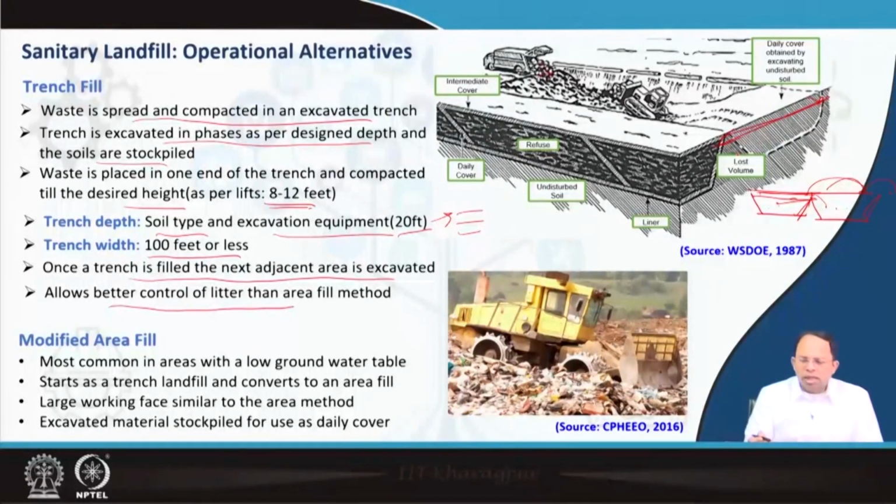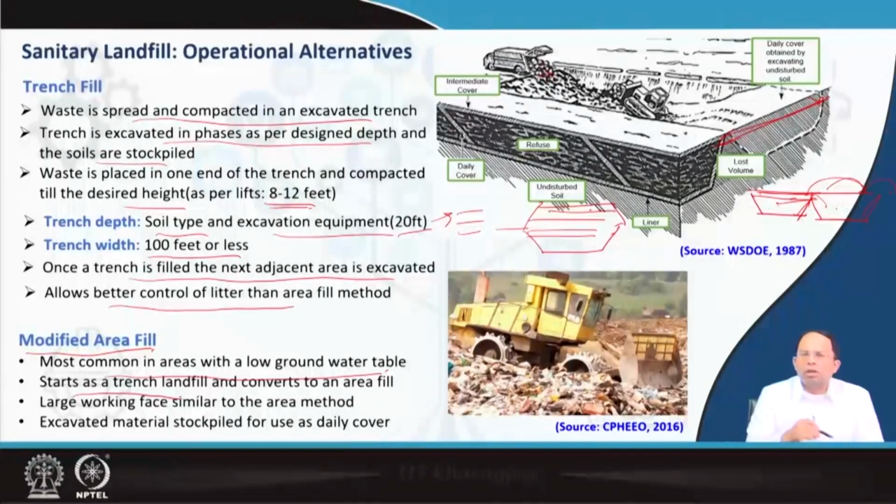In our country, we usually go for something called a modified area fill, which is a mix of both the area fill and the trench fill method. Usually in areas with low groundwater table, we go for this kind of modified area fill. It starts as a trench landfill. That means we first create a hole in the ground, and once this is filled, we start going up, right?